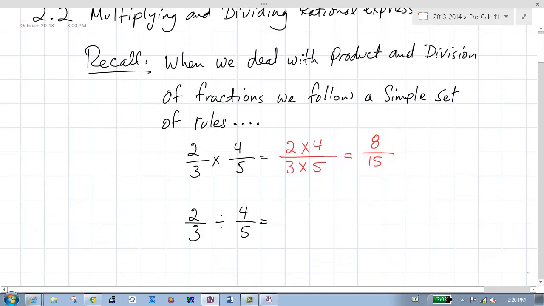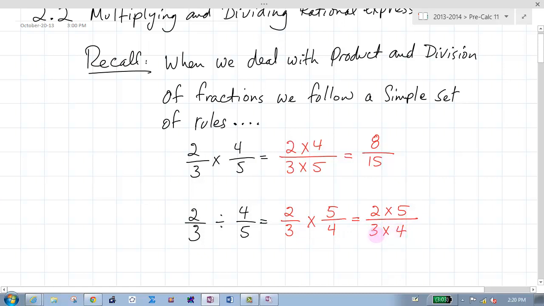To divide two fractions, I would rewrite the first fraction, I will make it a multiply, and I reciprocate or flip the second fraction. Then I'm going to follow the same rule for multiplication. I'm going to multiply the numerator, so 2 times 5 in the numerator, and multiply the denominator, so 3 times 4.